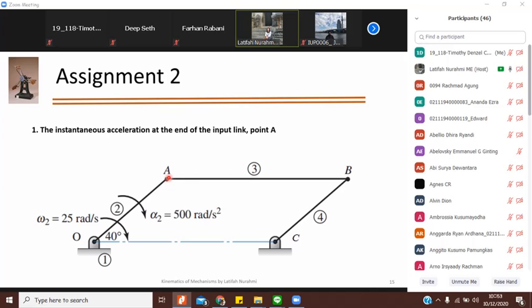So you need to find both the normal and the tangential. You know the omega, the velocity 25, and you know the accelerations 500 radian per second square. And the angle at this instant is 40 degree. So find the accelerations. If we call it instantaneous, it means find the resultant.